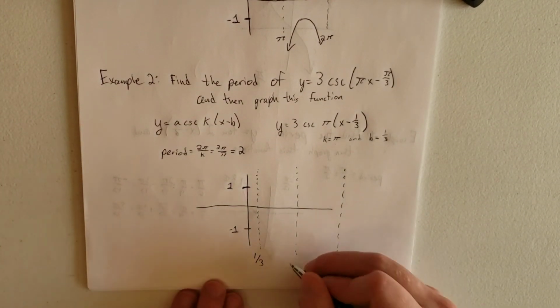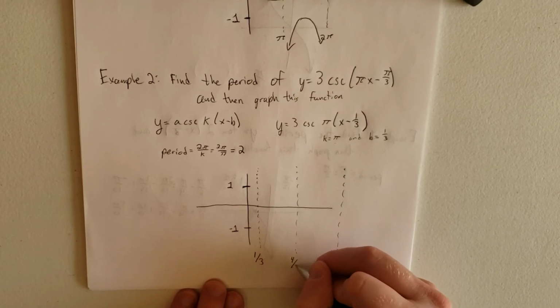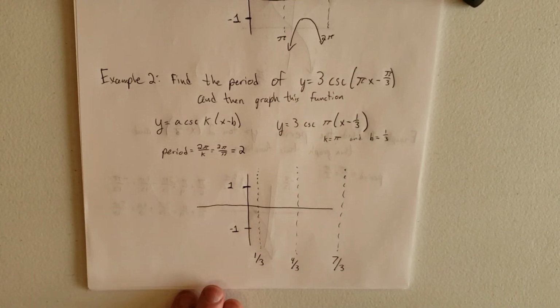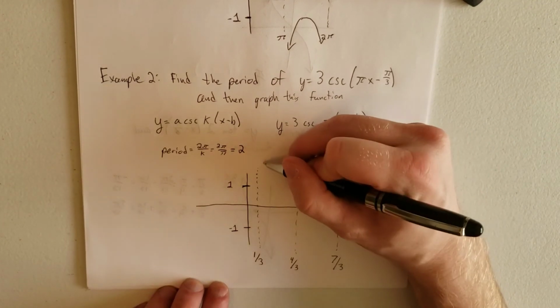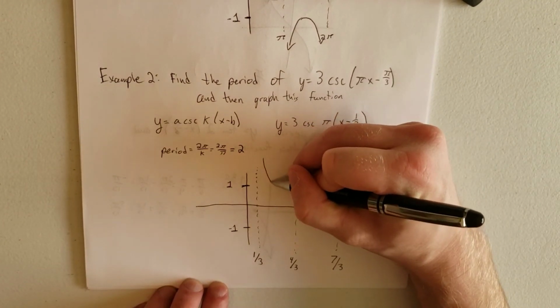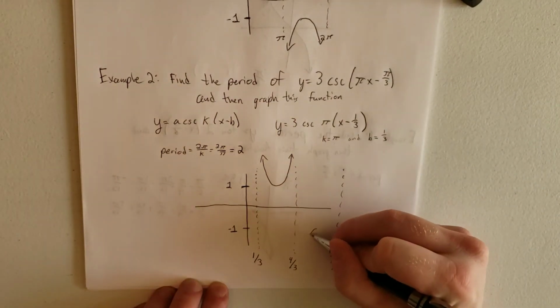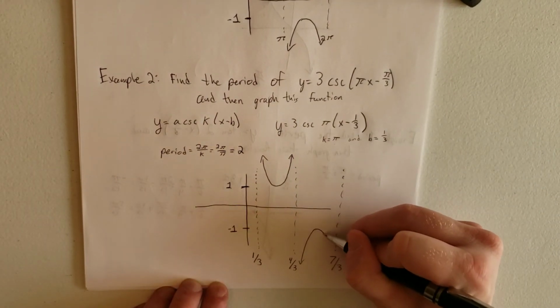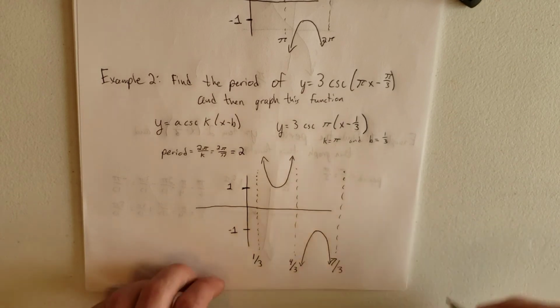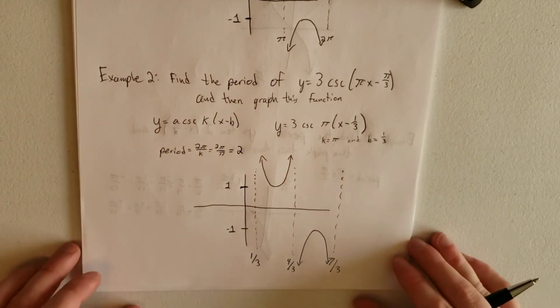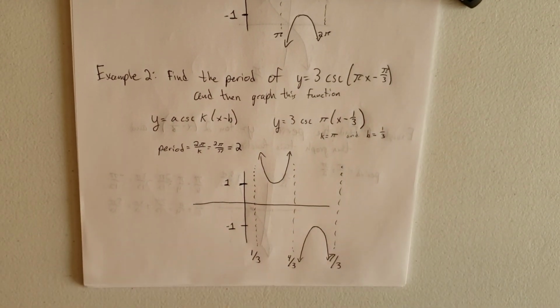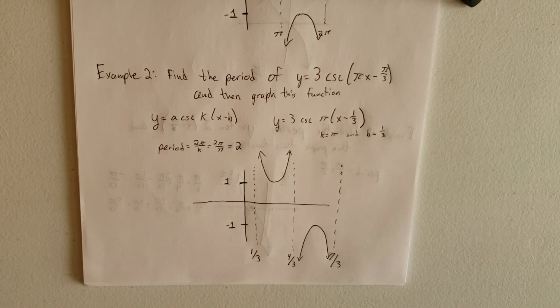And halfway between that would be 4/3. And again, the first half is a U facing upward, and the bottom half is a U facing downward. And that concludes the drawing of y equals 3 times cosecant of pi x minus pi over 3.